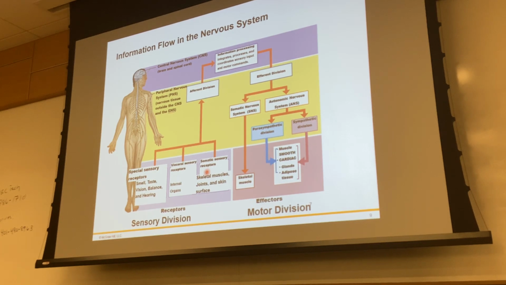Where are those receptors coming from? Largely from the joints and from skeletal muscles. So the somatic sensory receptors are largely associated with the somatic nervous system, but not entirely. There's also visceral sensory receptors, and those largely are internal organs, and that's what we'll talk about there.